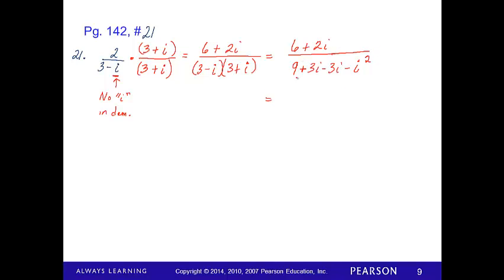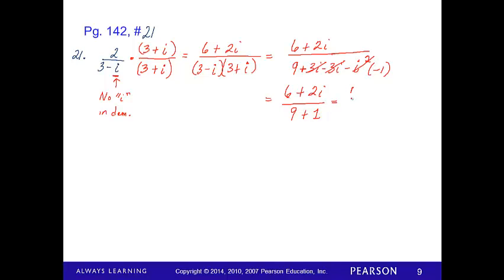With the top, I'm going to leave alone, so I have 6 plus 2i. And then on the bottom, these cancel out because they're the same numbers but opposite signs. 9 stays 9, but i squared becomes negative 1. The negative and the negative 1 need to multiply together, so it becomes 9 plus 1.